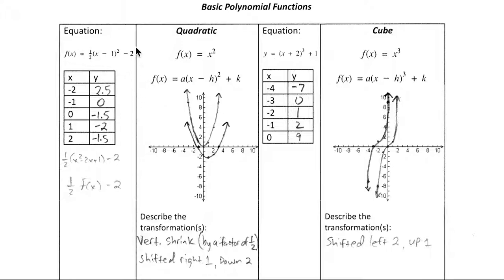So here we have a transformed version of this parent function. So what happened to the original? Well, it got shifted to the right 1. H value is 1. It got moved down 2, and that a value is now a fraction. Let's see what that does to our graph.